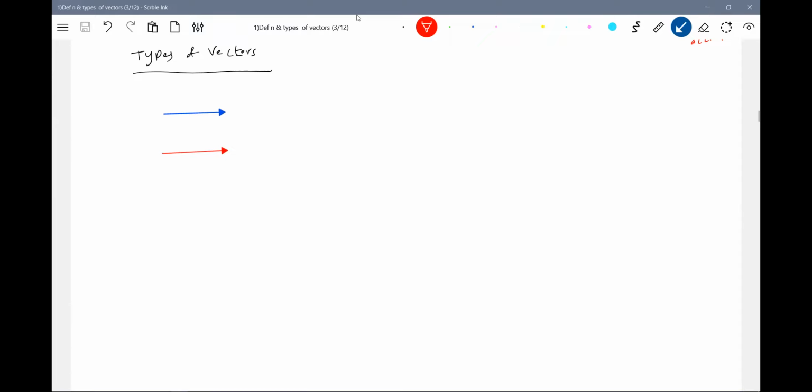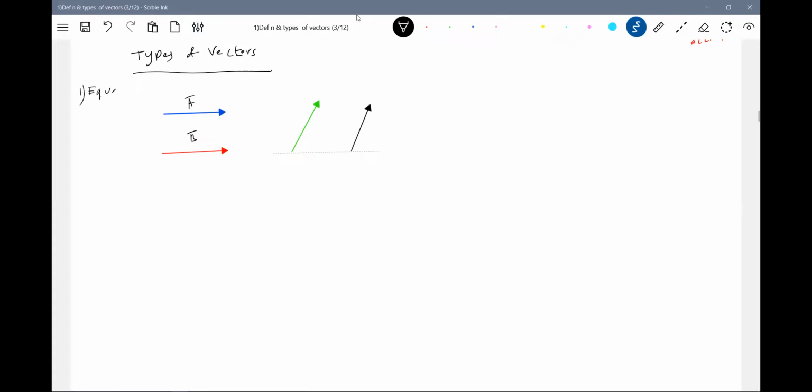They can be oriented in different ways also. It's not that they should be horizontal for them to become equal vectors. Here, look at the lengths of A bar and B bar. Both have the same length and the same direction. Therefore, they become equal vectors.